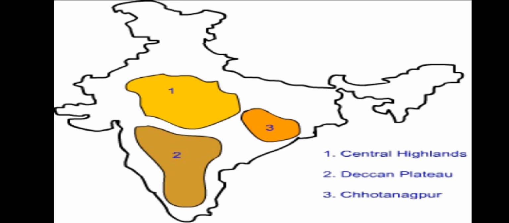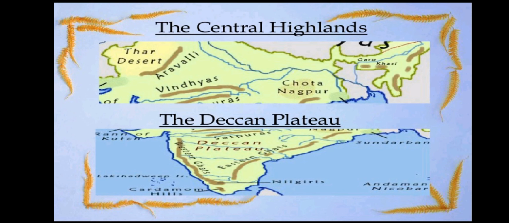If some doubt is there, we can clear it on the physical map of India. Central Highlands lies between Aravallis and the Vindhya range and Chota Nagpur Plateau. And the Deccan Plateau we can see between Western Ghats and Eastern Ghats.